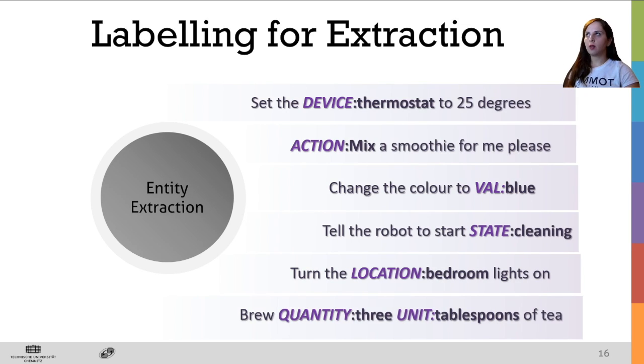Then in the next step, step 5, labeling needs to be done for extraction and classification. The extraction is similar to POS-like tags to enable extracting smart home entities such as device, action, location, quantity, and so on.